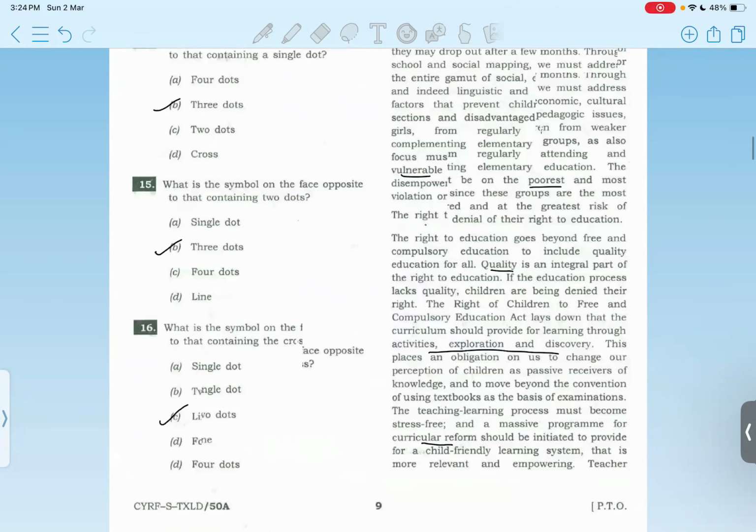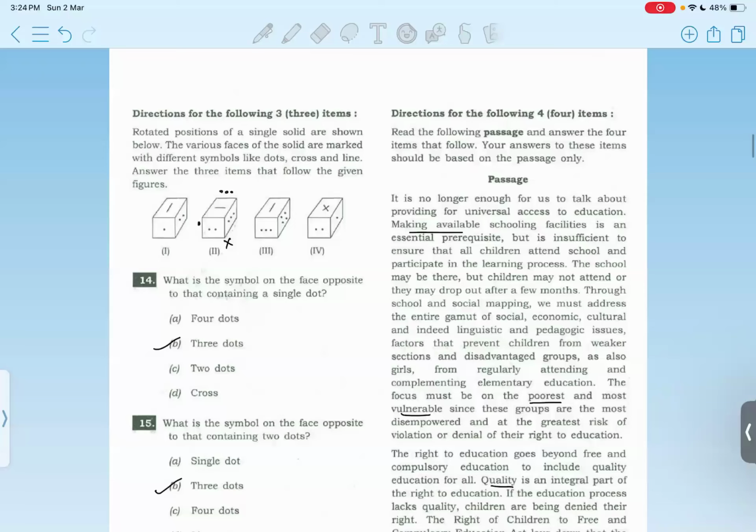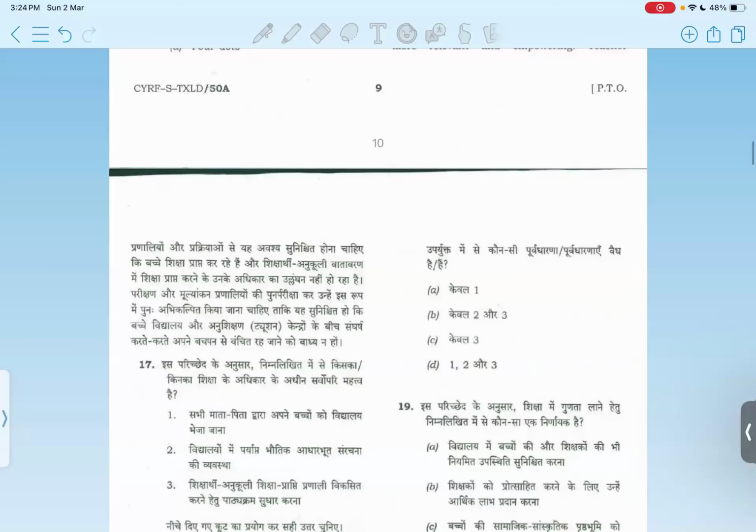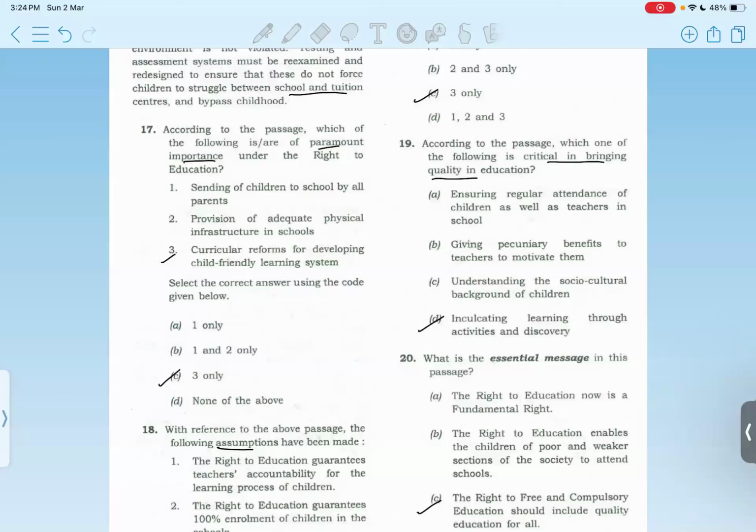Now again, a passage. This is quite lengthy. According to it, which of the following is of paramount importance under the right to education? You can refer back to the passage, because we have to answer according to what has been stated in the passage.